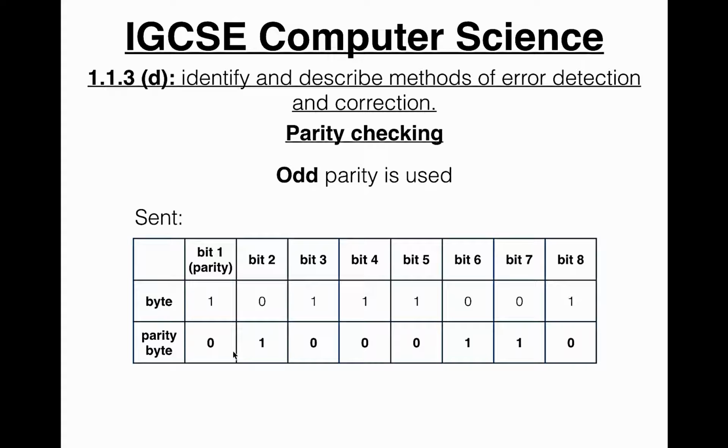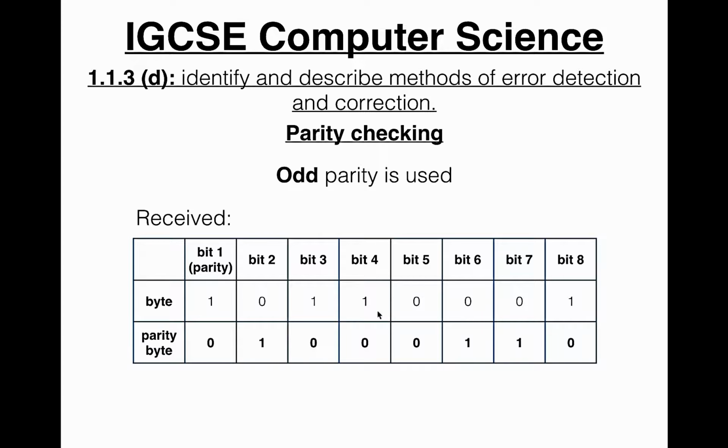But this is vertical, so it counts each bit column. For example, odd parity is being used here, so if there was 1 here, this could be 0. If there was 0 here, this would have to be 1. And so on, to get odd parity, or an odd number of 1 bits.